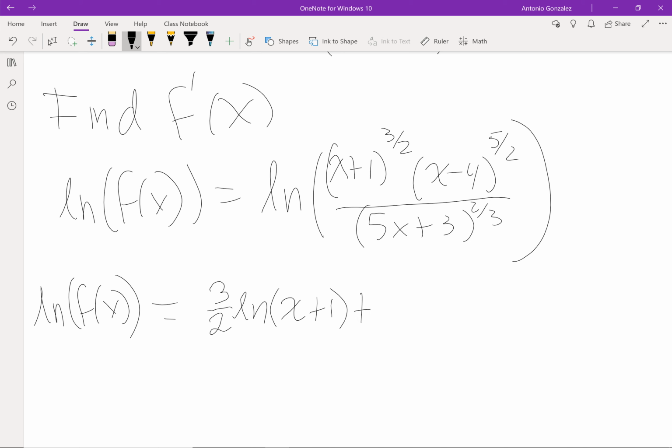And then plus, right, ln of x minus 4, and that exponent can now become a coefficient. And now the denominator, remember, the division gets changed to a subtraction. So minus 2/3 natural log of 5x plus 3. All right, that 2/3 becomes the coefficient.